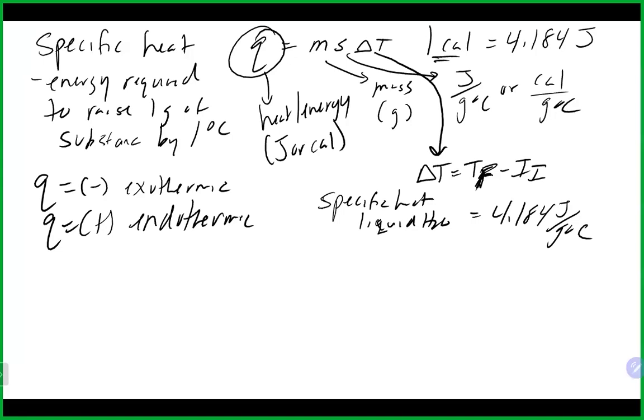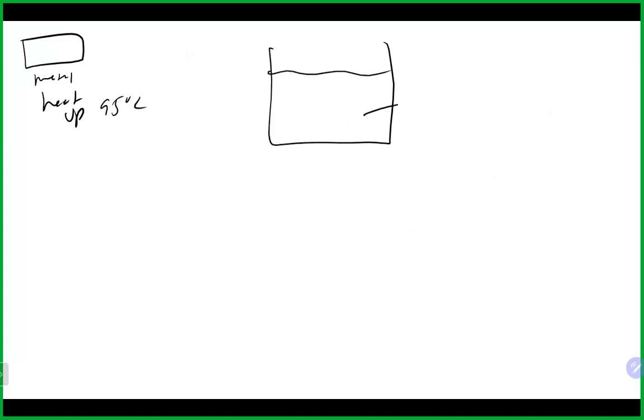We talked about sort of the transfer of heat and energy from objects at different temperatures. And we see that, for example, when we take a piece of metal, right, as we talked about, and we heat it up to say 95 degrees Celsius, and we dump it into some water here at say 25 degrees Celsius.